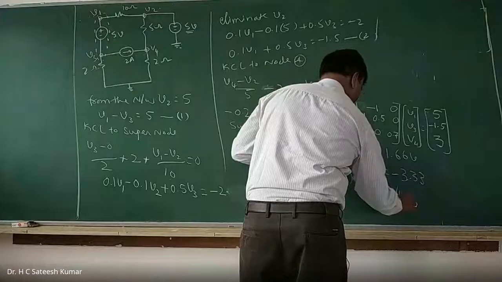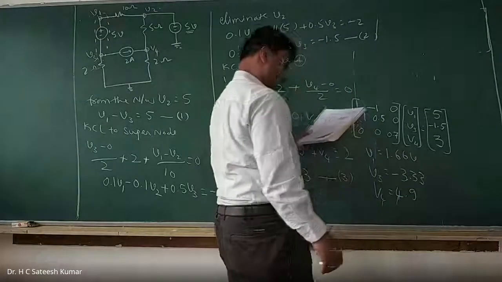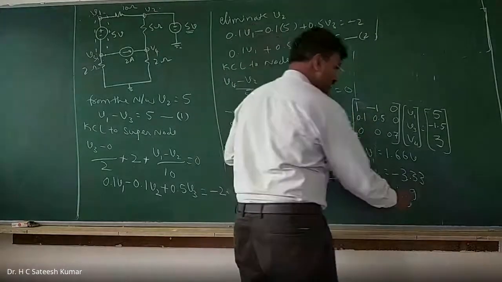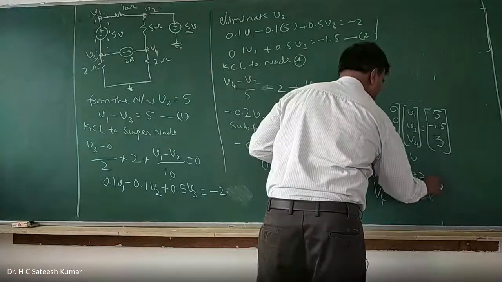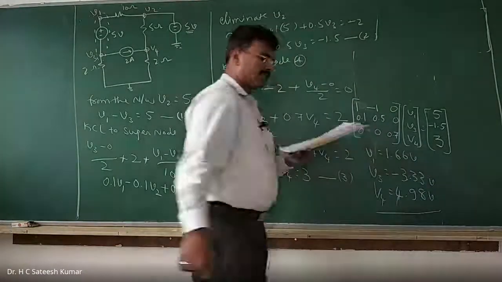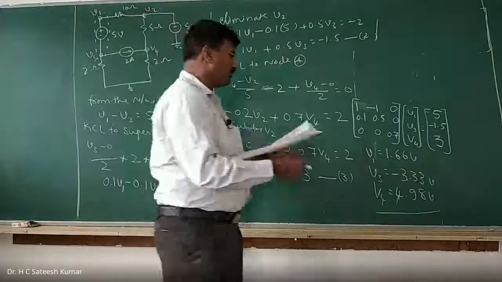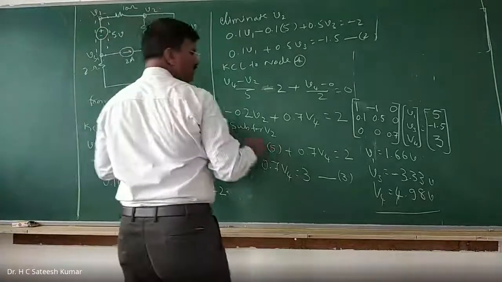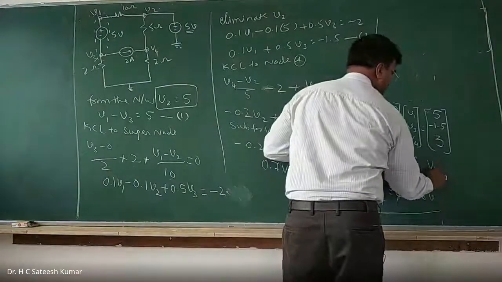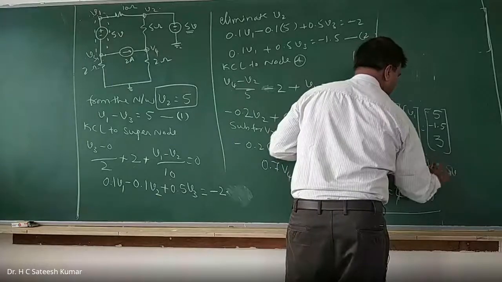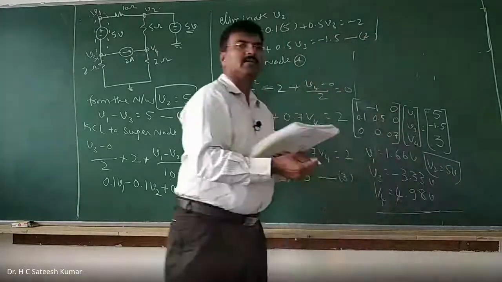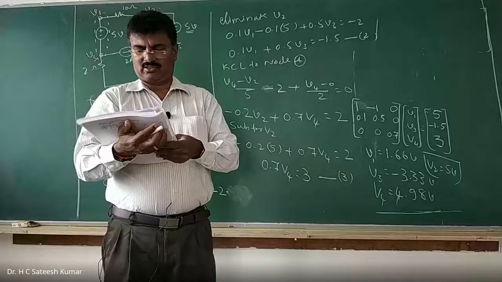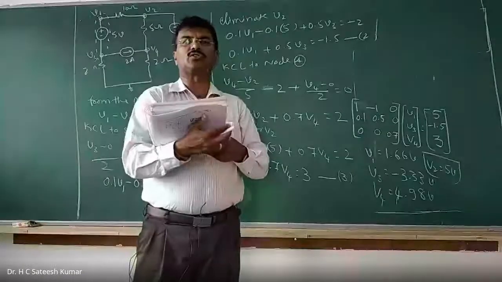If anything other than that is there, please tell me. Like this we can solve it, right? V1 we know, V2 we know. V2 is given here itself. V2 is equal to 5 volts. So that's how we can solve easily. Now let us move on to problems with dependent sources.